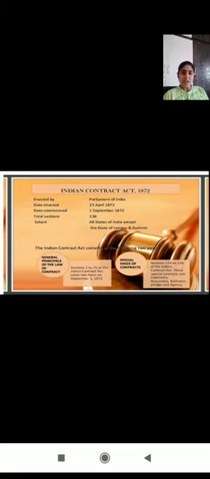We also have the contract of partnership; as we commerce students know, the Partnership Act was 1932, with sections 239 to 266. But here we will consider the Indian Contract Act from section 1 to 75.